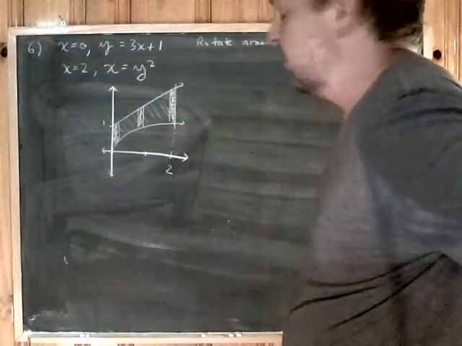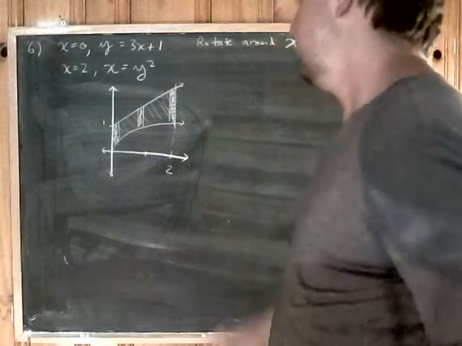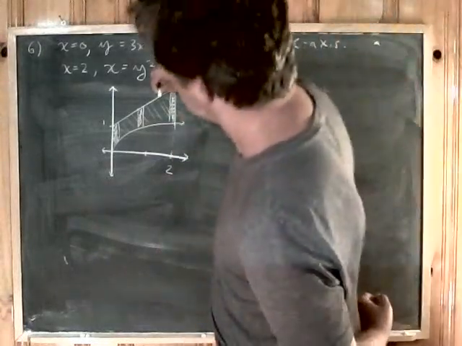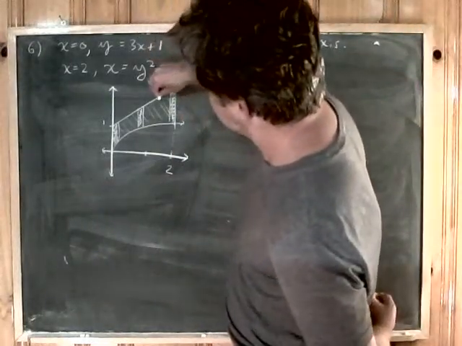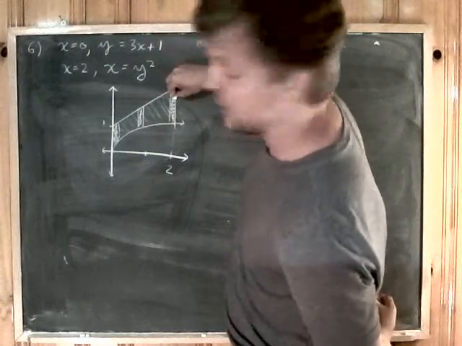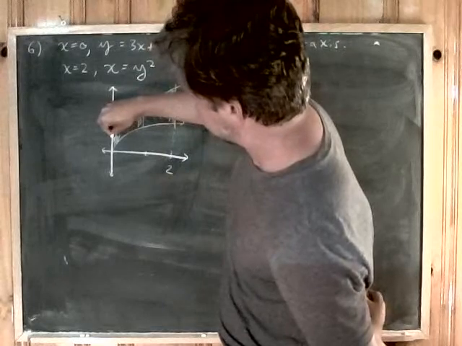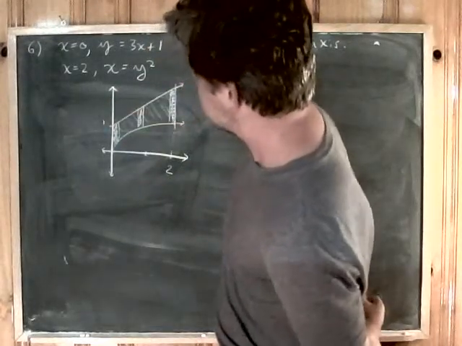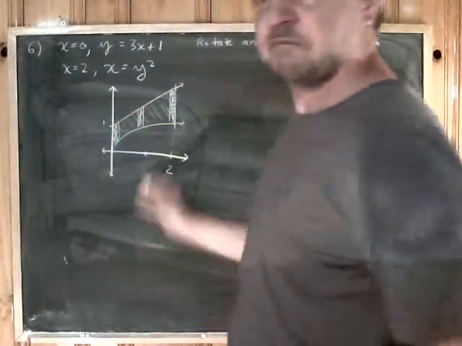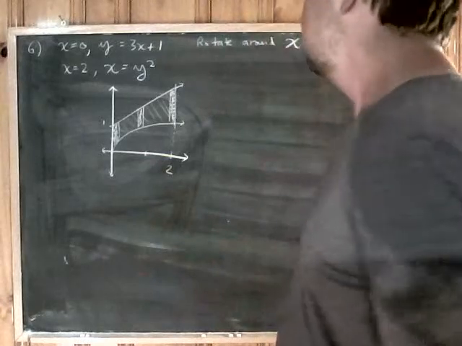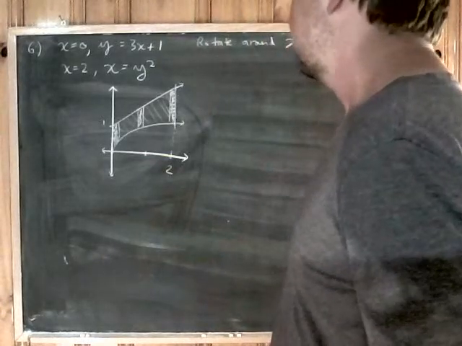And horizontal slices fail that. If you try to slice it horizontally, sometimes you've got a vertical line on the right and a slanted line on the left. Sometimes you have a vertical line on the left and a curve on the right. It's never quite the same.